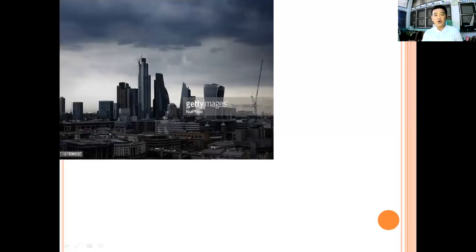Now, let me show you some pictures. The first picture shows what's happening in the environment. As you can see, the sky is very dark. So what do you think will happen after this? Of course, there will be rain.